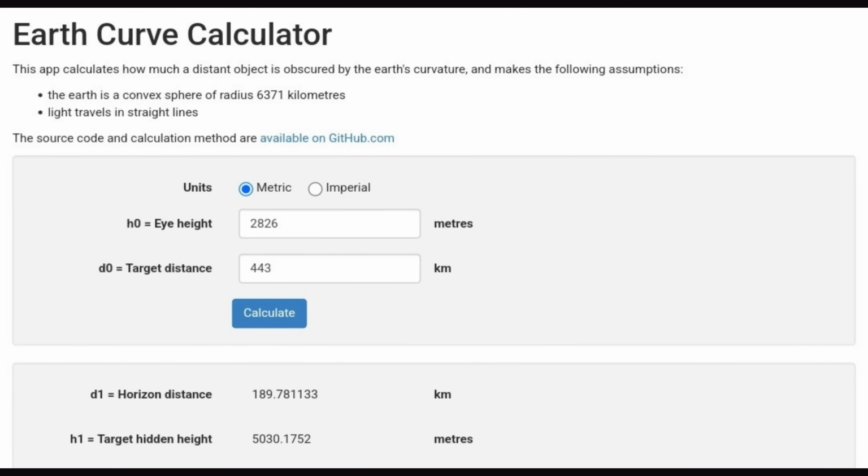Here it is in the metric system. So with 443 kilometers, there's the altitude as well, and the target hidden height is 5,000 meters, which is 5 kilometers. And again, you can see all the mountains. So again, where is the curve?